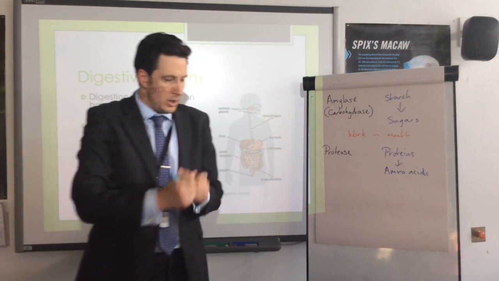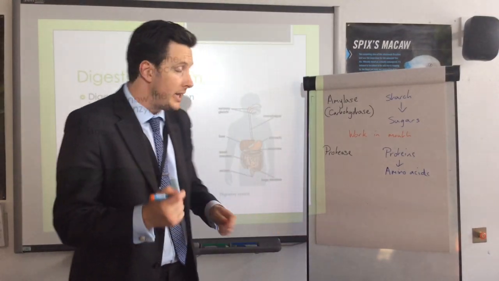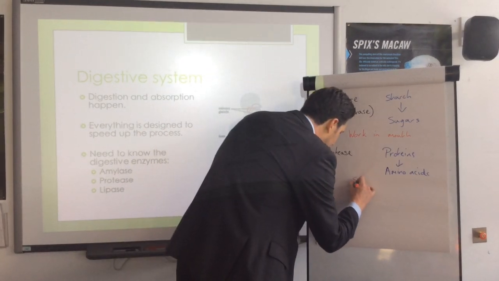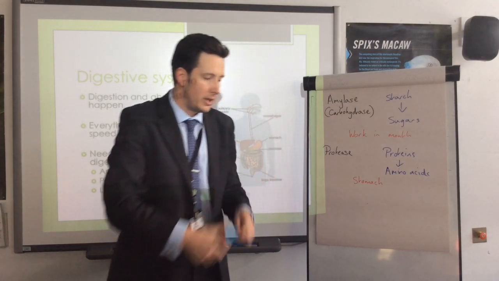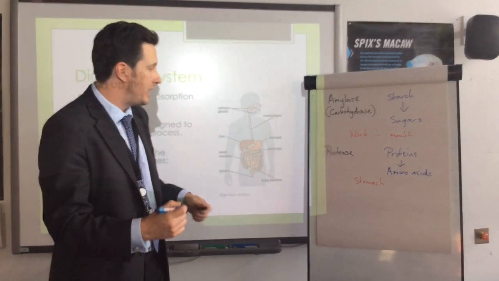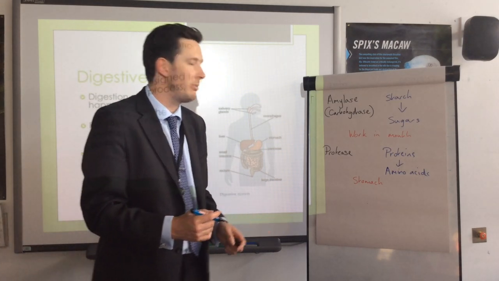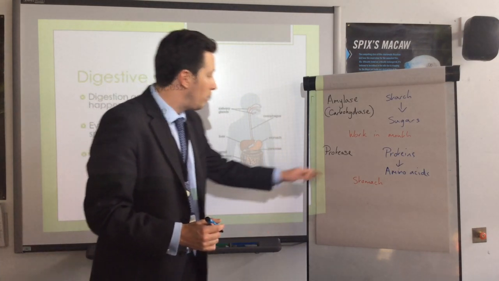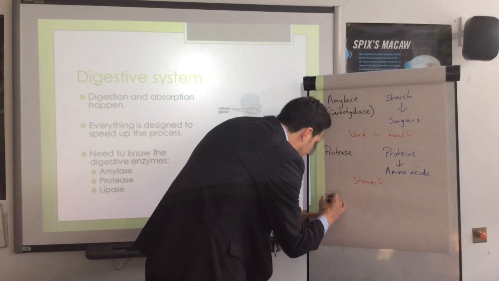Where that happens mainly is in the stomach. That's the main site for proteases, particularly pepsin, which is a protease they talk about, but they'll give you that name if they're talking about pepsin, which works in the stomach. We'll come back to why that's important in a second.